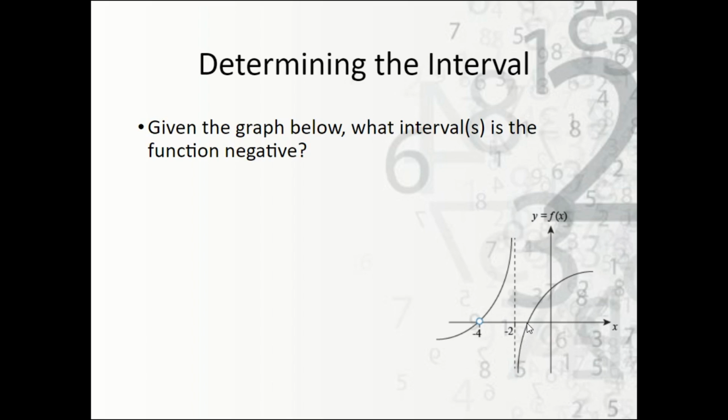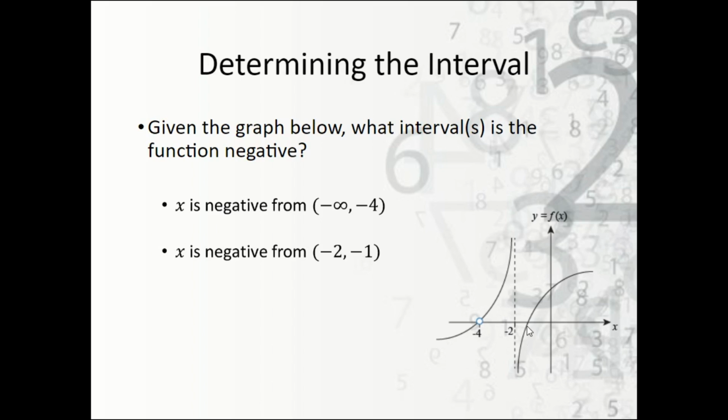It may not be exactly negative 1, but it's close. So it's negative from negative infinity to negative 4, and then from negative 2 to negative 1. And then it becomes positive from negative 4 to negative 2, and from negative 1 to positive infinity. So that's how we can use graphs to determine the intervals on which a function is positive or negative.